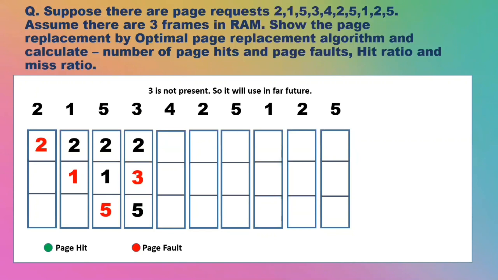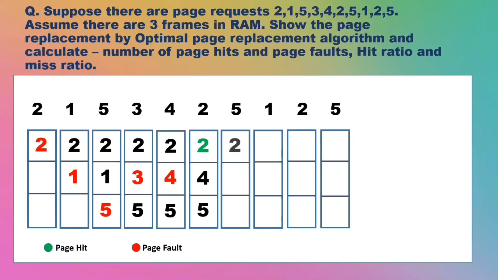So here we have to replace 3 by 4. So 3 is replaced and 4 comes inside RAM. Now 2. So 2 is already present inside the RAM, so that is a page hit. Now 5. 5 is also present inside RAM, that is also a page hit.